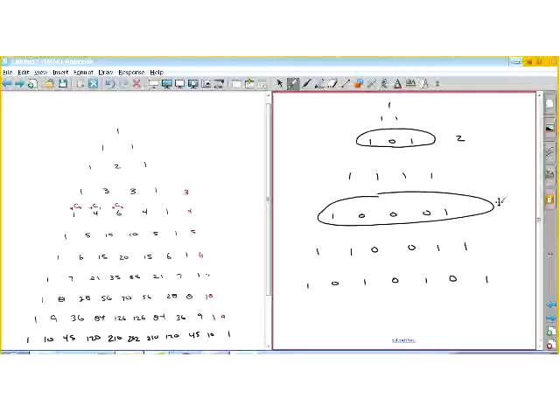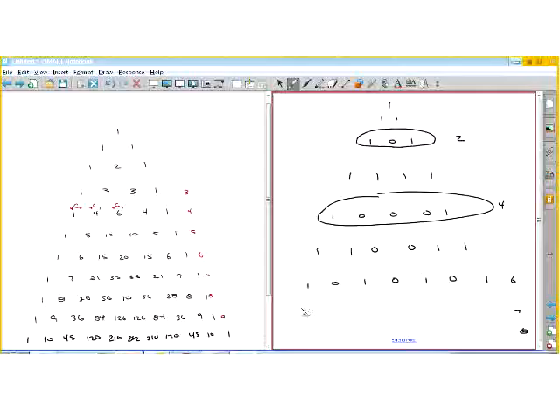It's row 2, 3, 4, 5, 6. Okay, yep, 5, 6, 7, 8.